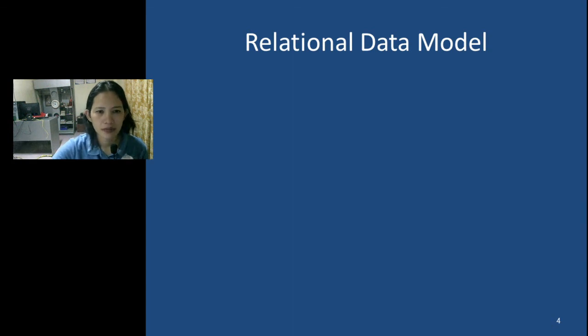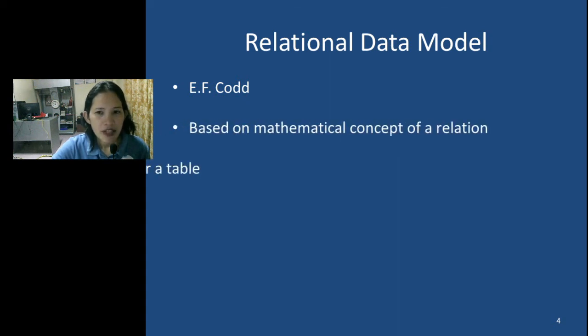First, introduction. The relational data model was first introduced by IBM's E. F. Codd in the 1970s, based on the mathematical concept of a relation. Physically represented as a relation or a table that stores data.